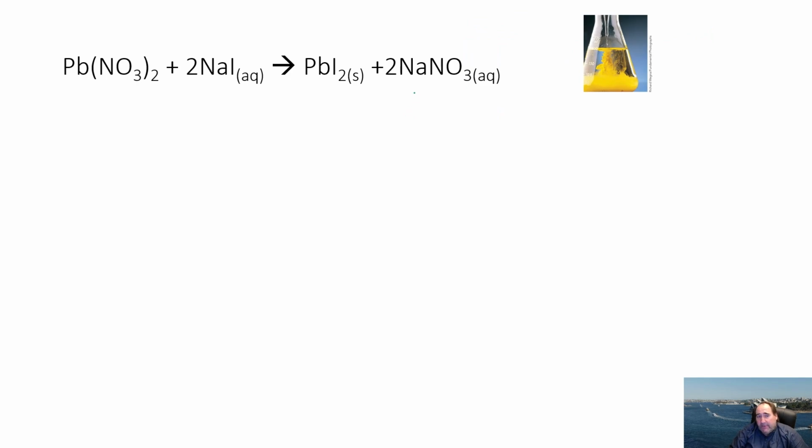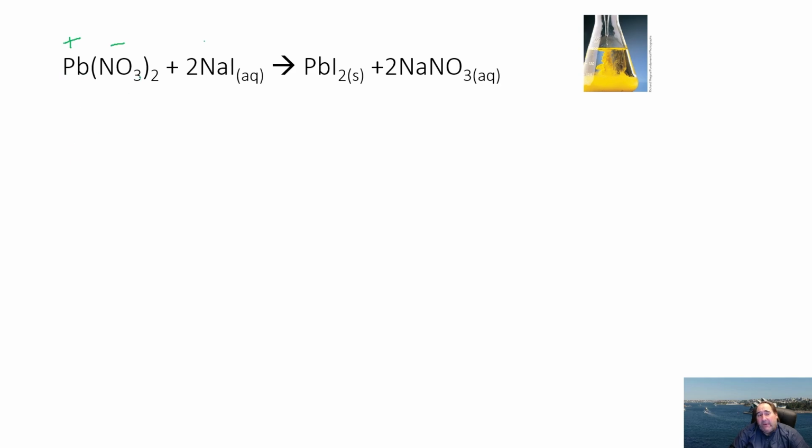Let's take a look at this one. If we take this reaction here, first off, this is a double displacement reaction. How do I know? That's lead(II) nitrate, which is an ionic compound, so that's a positive and negative ion.